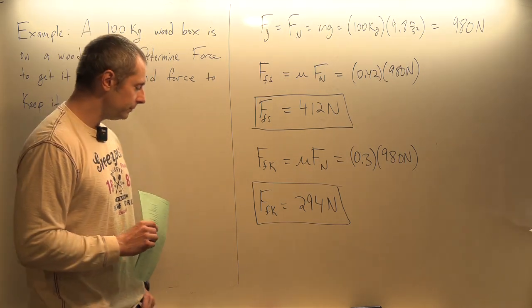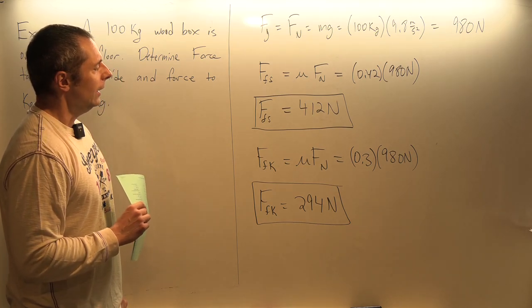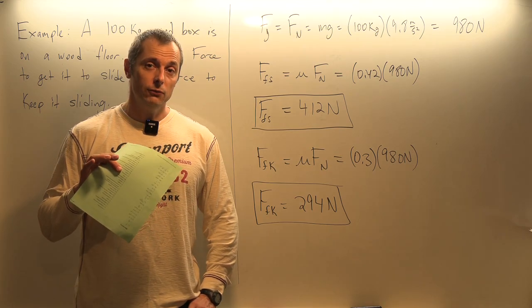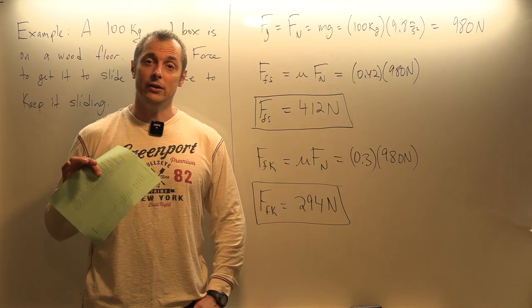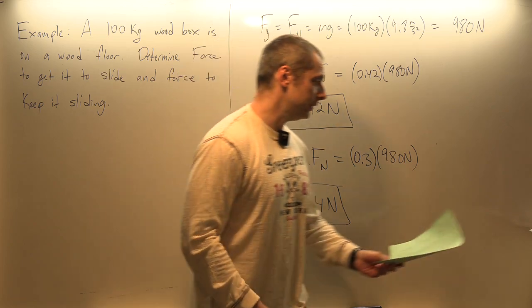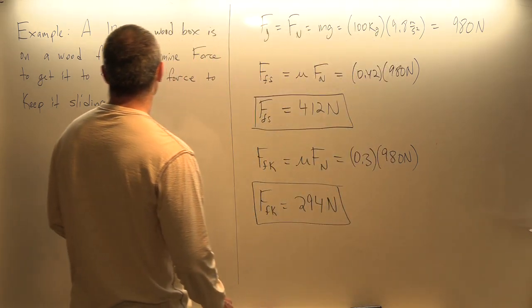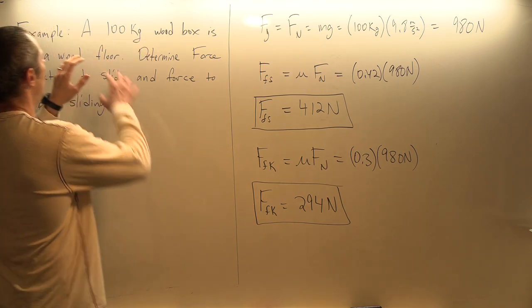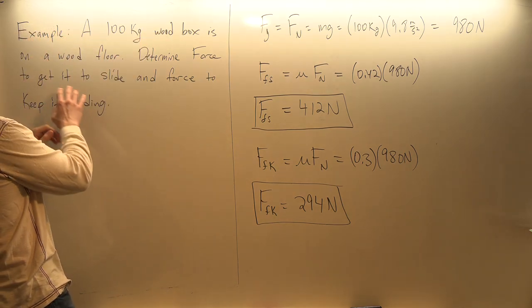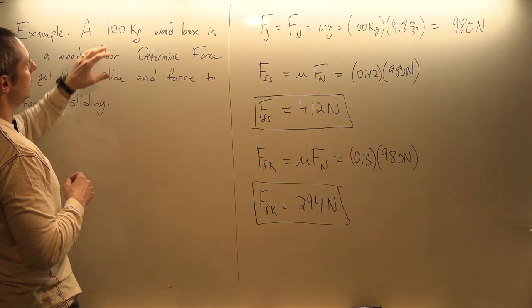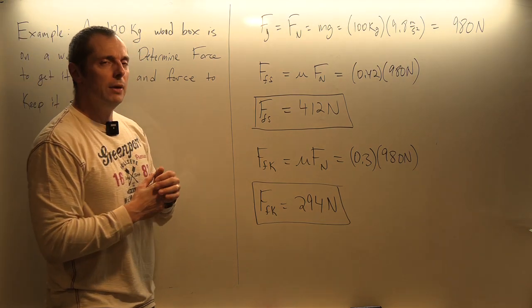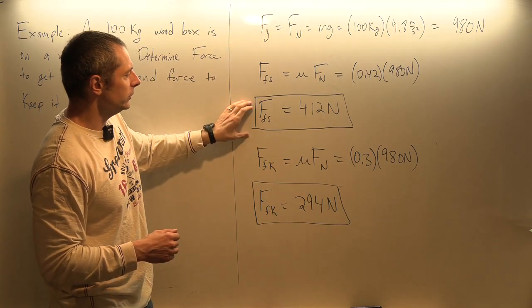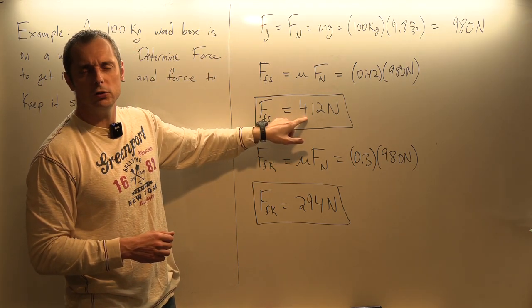Okay, so now let me just mention one thing. Like I said, friction has a lot of concepts and it's very easy to make a trick question. I could say a man pulls 250 newtons and then the rest of the problem. And then I say determine what the force of friction is for that wooden box. And people say, oh, 250 newtons. Okay, so let's see. They calculate the force of friction static and they say, oh, it's 412.